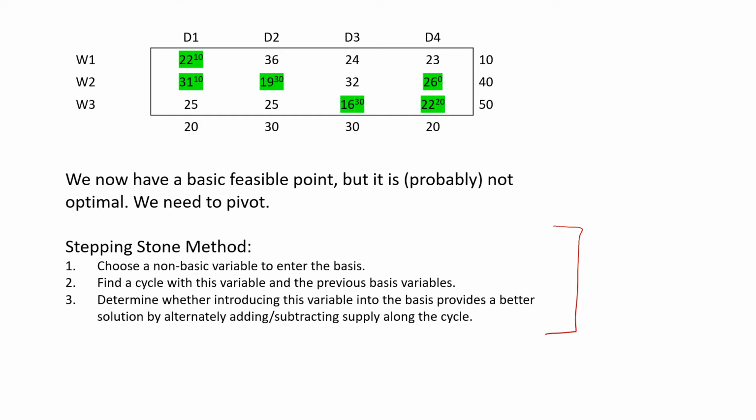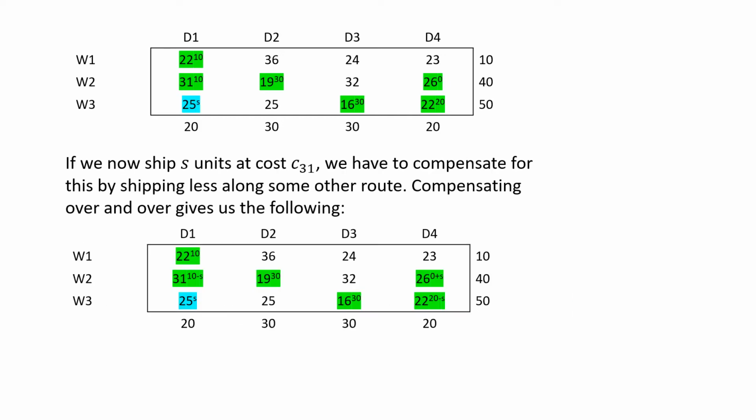So what we're going to do is we're going to do the same thing. We're going to choose a non-basic variable to enter the basis. We're going to find a cycle with this variable and the previous basis variables, and that's going to determine whether or not entering this variable provides a better solution. So how do we do that? Well, first off, let's just take an example.